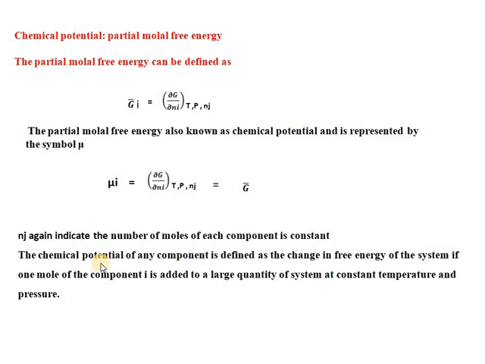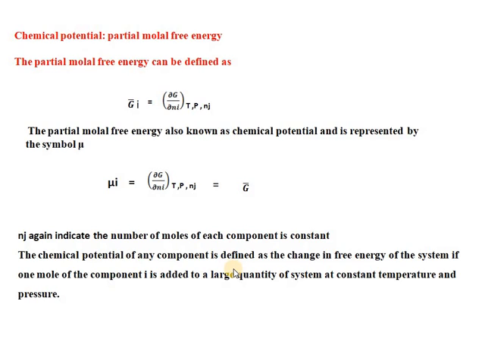So the chemical potential of any component can be defined as the change in free energy of the system if 1 mole of the component i is added to a large quantity of the system at a constant temperature and pressure, which is called the partial molar property.